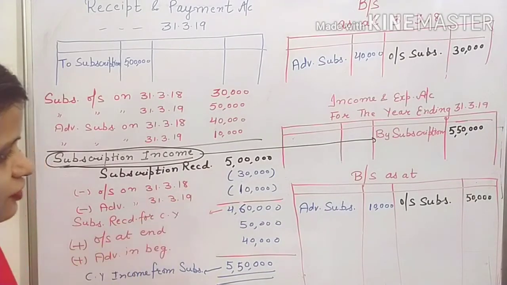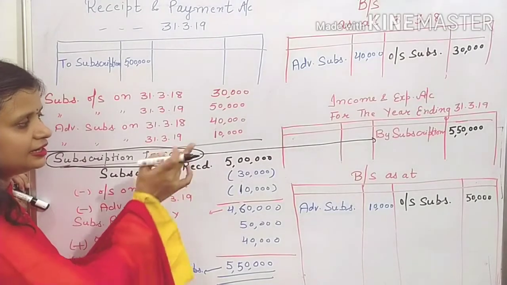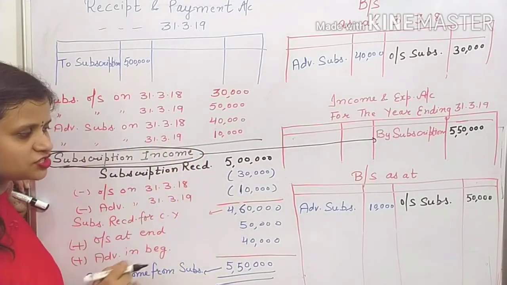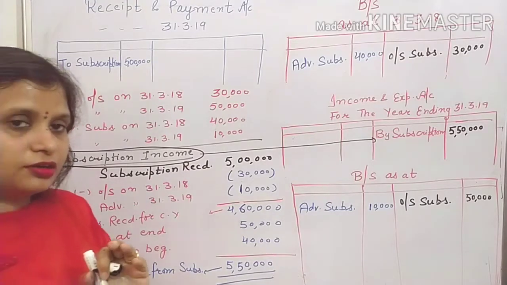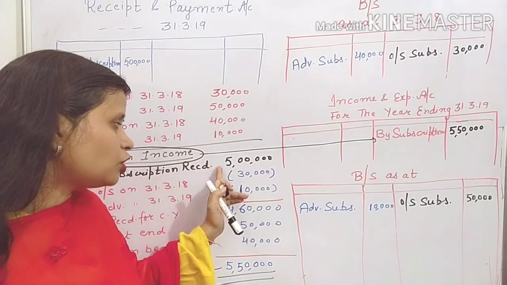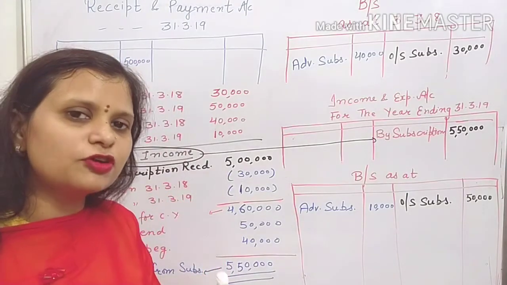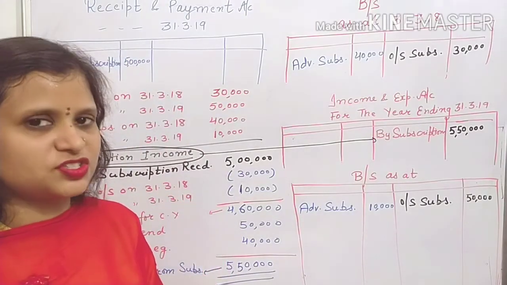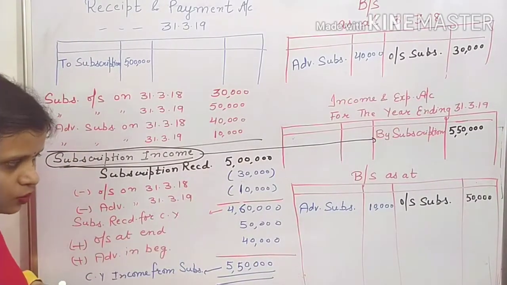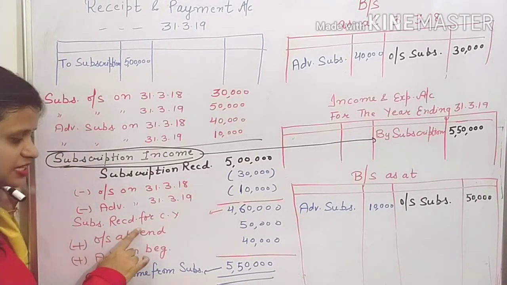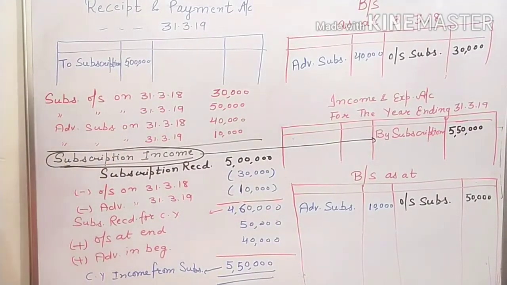So out of this 5 lakh, you will deduct this 30,000. Similarly, 10,000 you have received for the next year, that you will deduct. Simply keep it in mind: out of subscription received, whatever is received for the previous year or for the next year, you will deduct. So we deduct both of these amounts, and the subscription received for the current year will be 4,60,000.